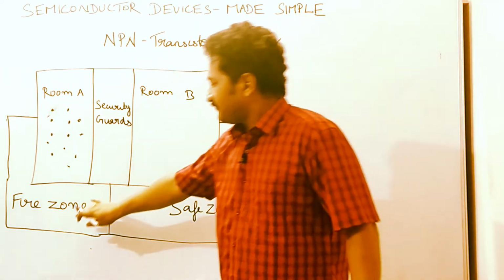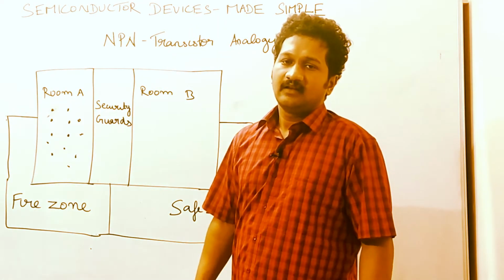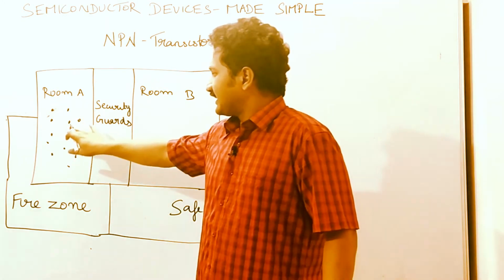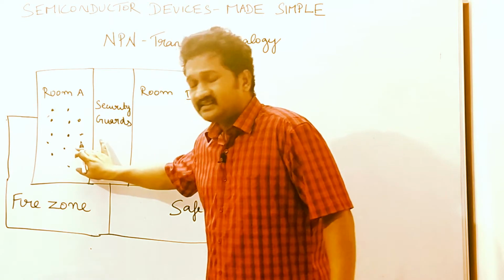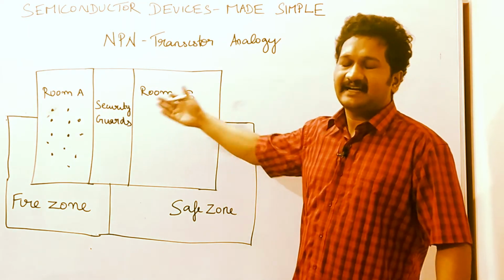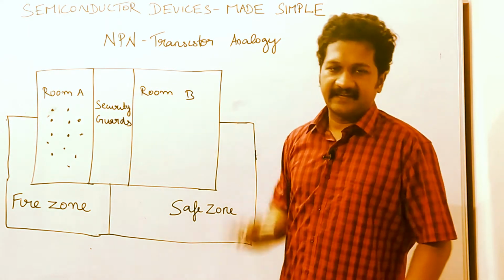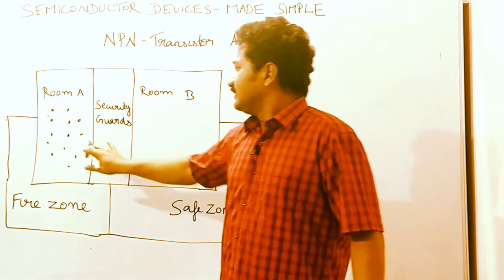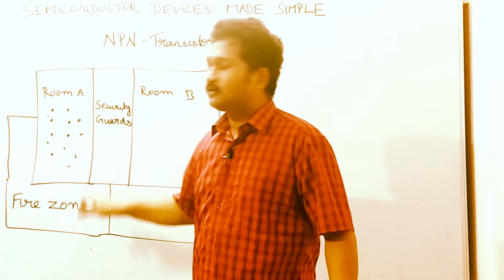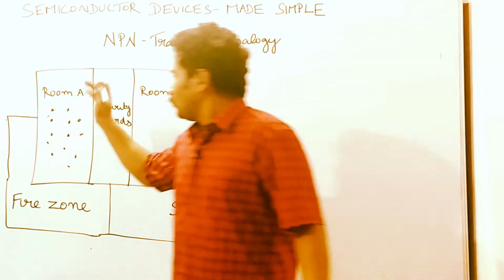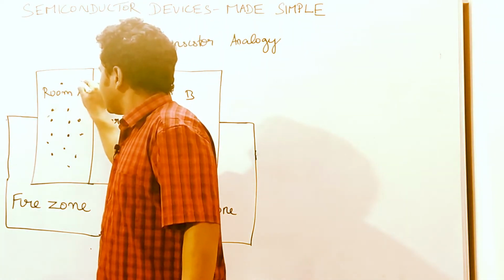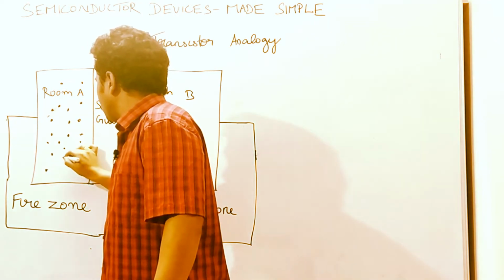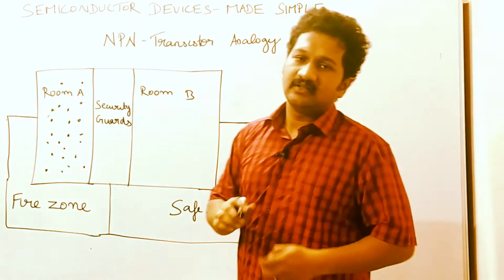So as the fire started to increase, what will the people do? Eventually they will try to move to an area which is comparatively safer than room A. And in the meanwhile, as the fire increases, more and more people started entering this room.